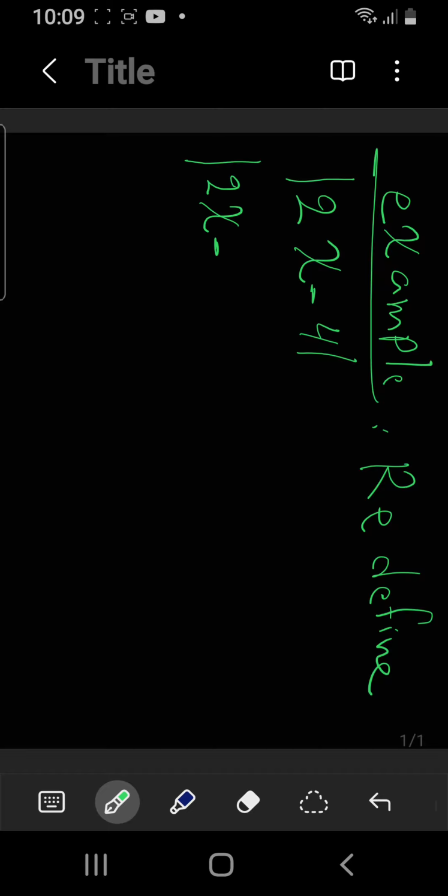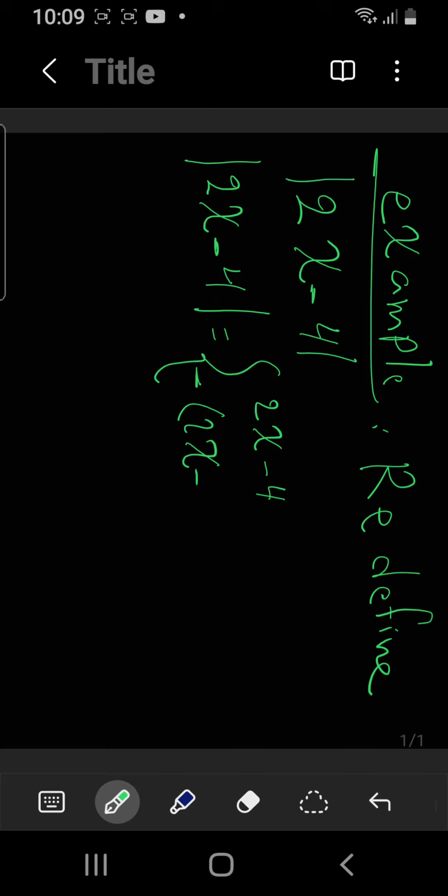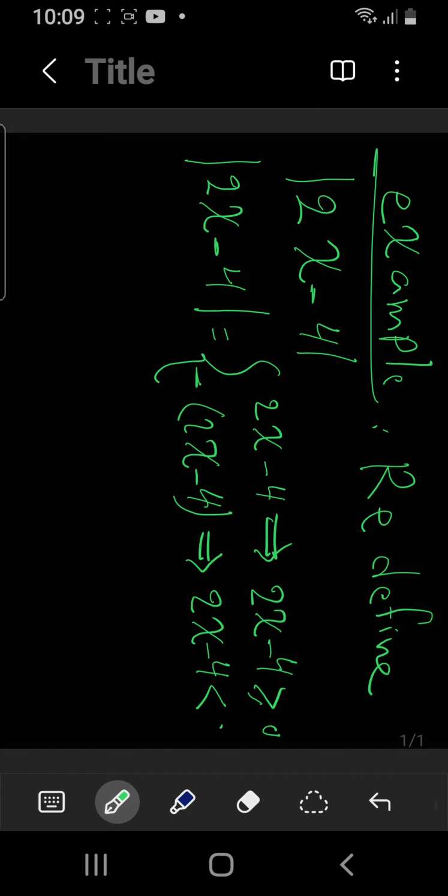You can define it like this: equal 2x minus 4, and -2x minus 4. The first belongs to 2x minus 4 bigger than or equal to 0, and this one belongs to 2x minus 4 less than 0. Why? Because it's negative. For this reason, it's less than 0.